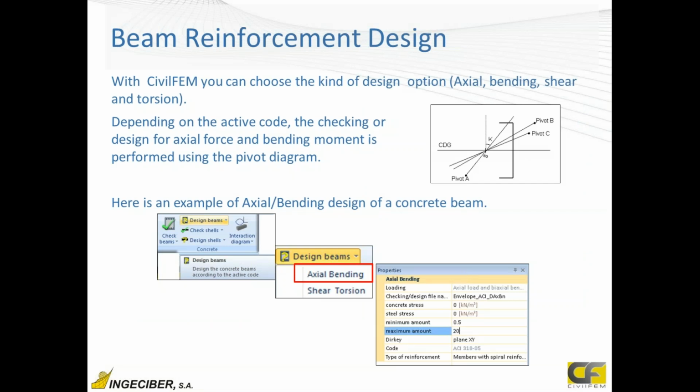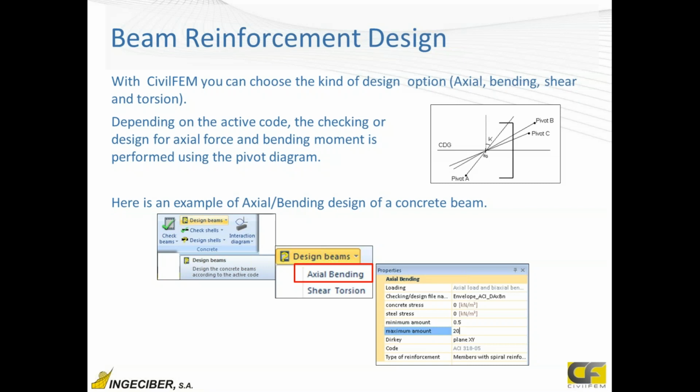For the shells, and for beams, we follow the same procedure. We perform a code checking or design for each load combination, and then we perform an envelope to always get the maximum rebar amount, which will cover all the loading scenarios.